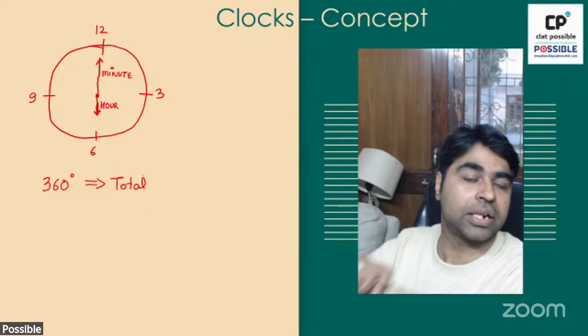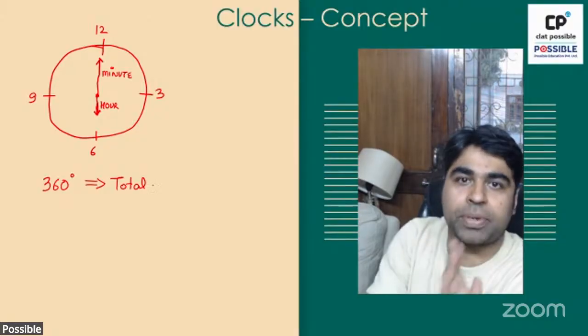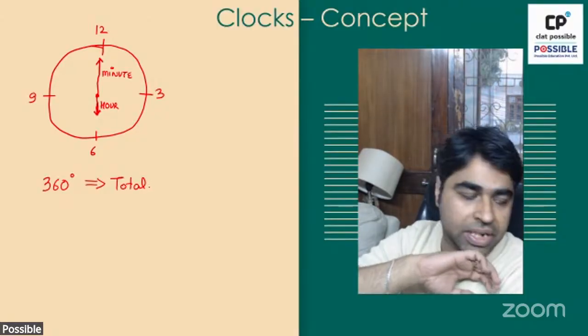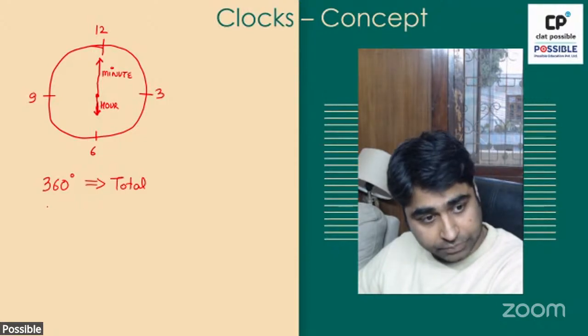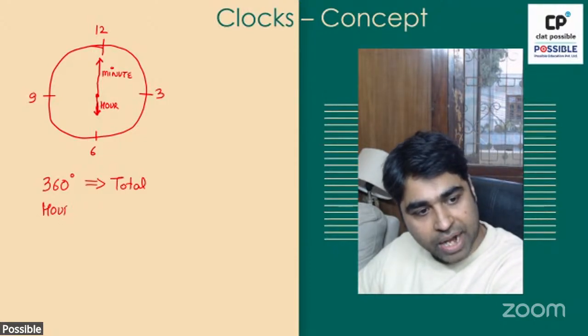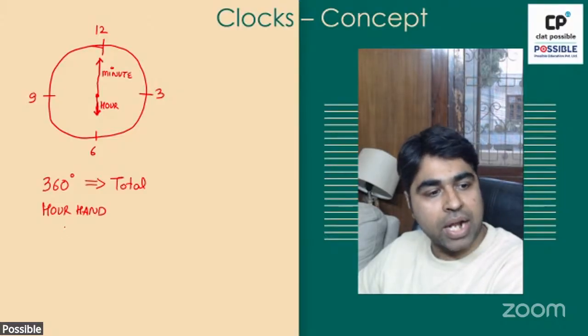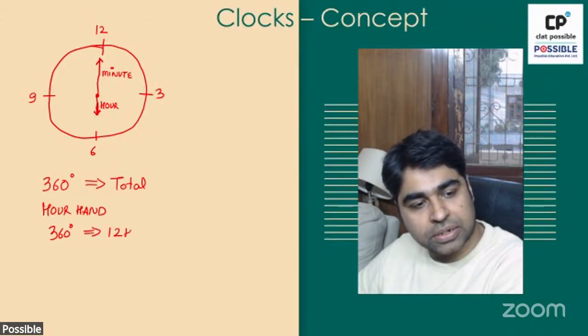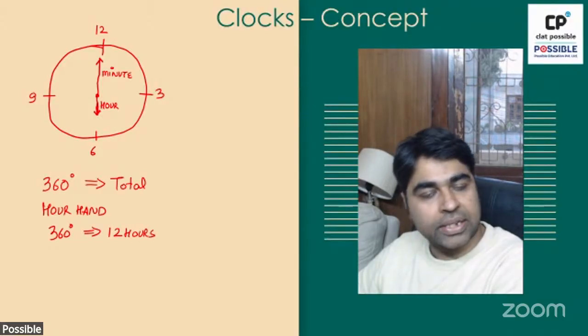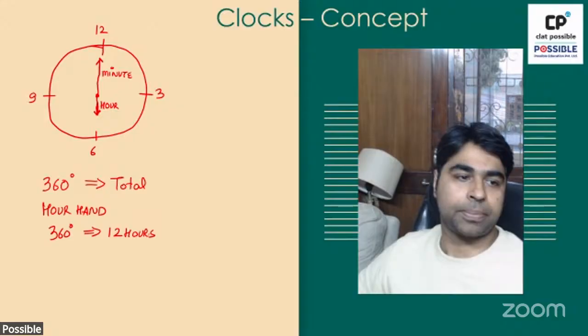The hour hand moves in a slow manner. The minute hand moves in a fast manner. How do we adjust that? Because the hour hand does this 360 degree motion in 12 hours. Correct? Just like this class started exactly at 6 o'clock.